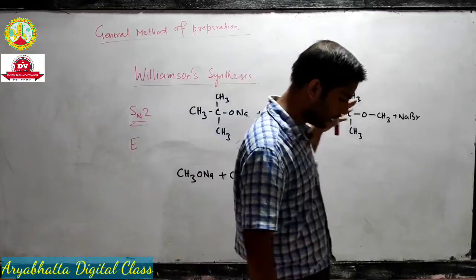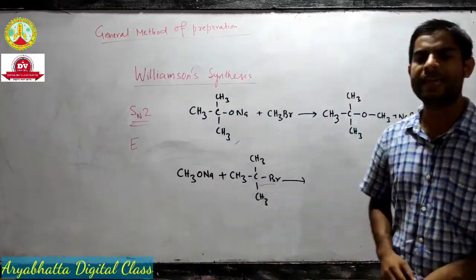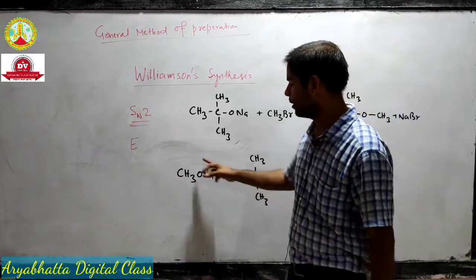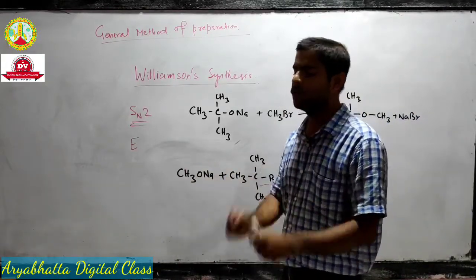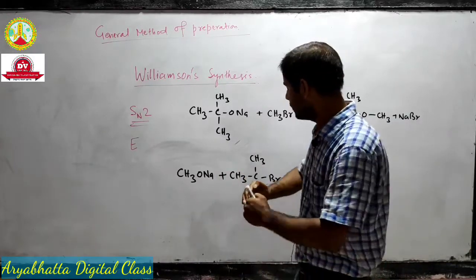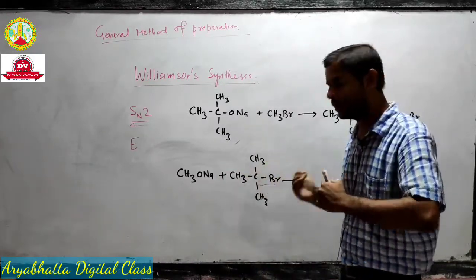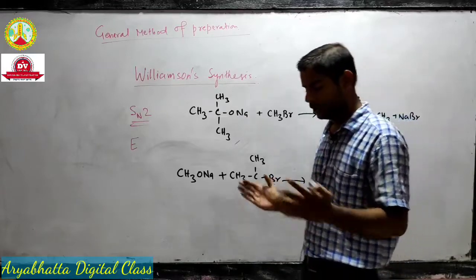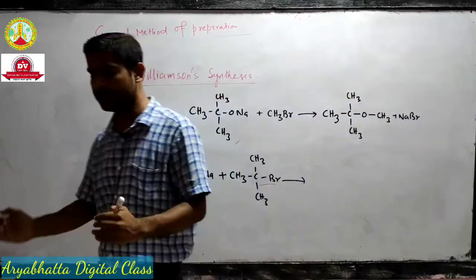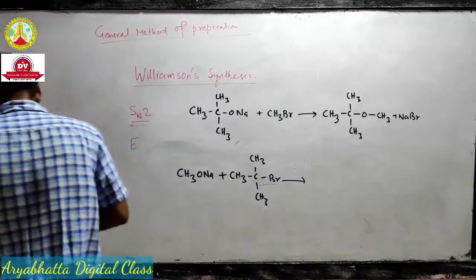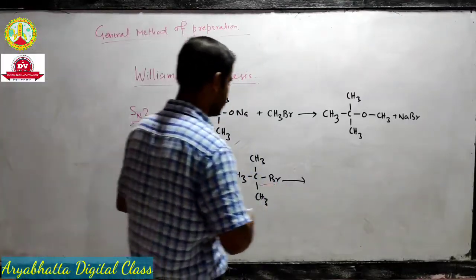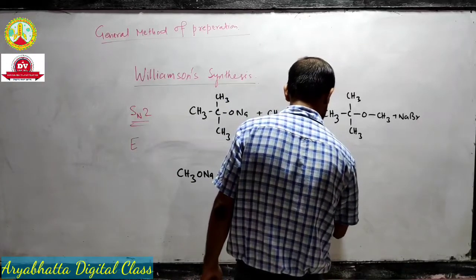So from any beta carbon, the base will take out a hydrogen, and in the next phase the shifting of electrons will take place, bromine will leave and elimination will occur. So finally we get an elimination product like this.